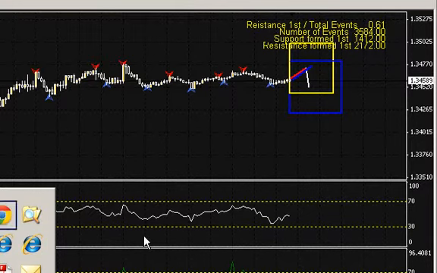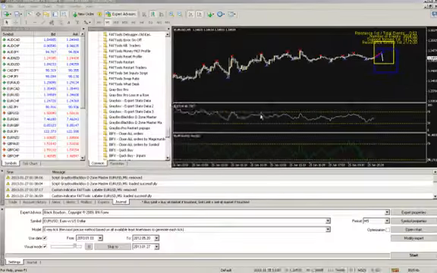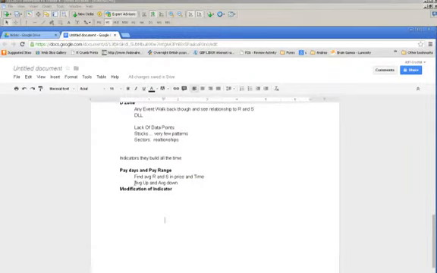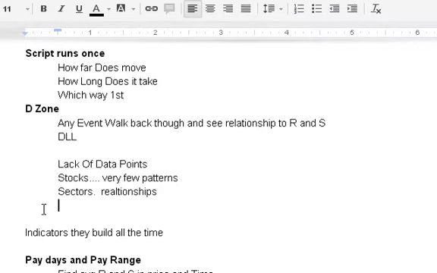The way some of this works is to overcome the data issues, like not having enough data points. What we do is take the close minus R1 divided by R1 minus S1. This equals the range. And we say, oh, we triggered. What is this value?